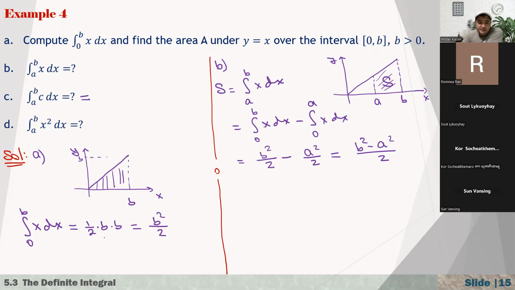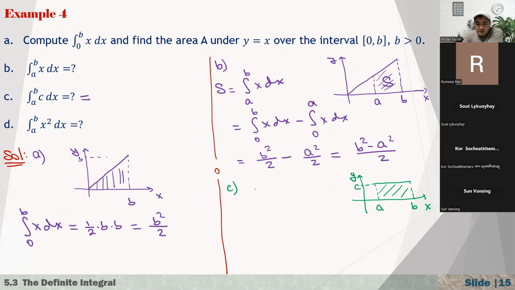Actually, in C, it is just a rectangle. It's a constant function, y equals c. In C, we're talking about this kind of rectangle. So this one is A and this one is B. So this area, and how about its height?